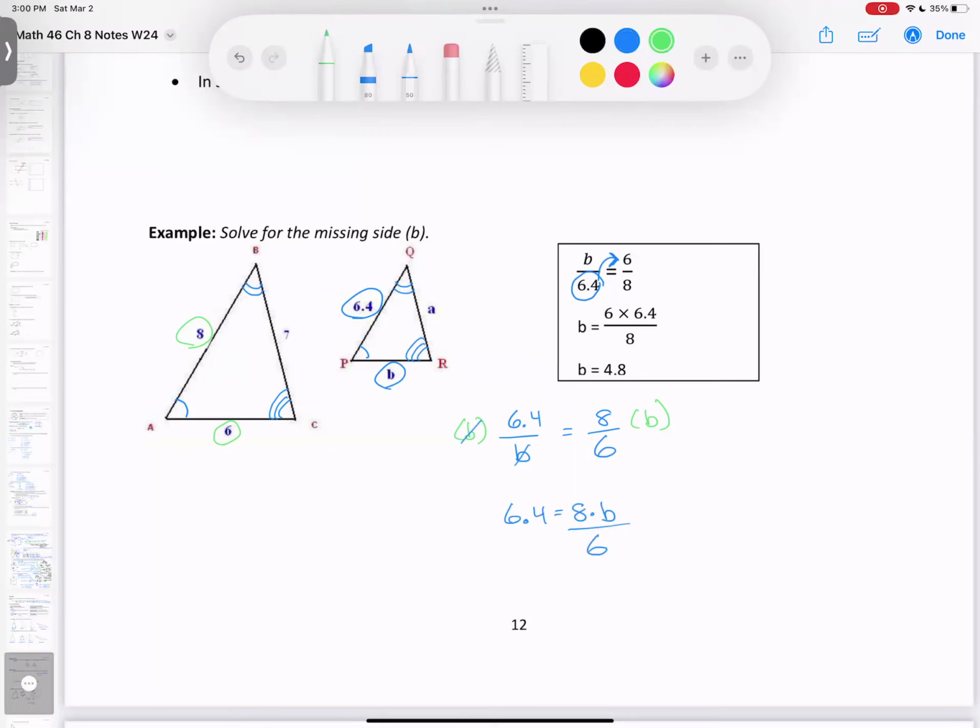Now we can multiply both sides by 6, and we get 6 times 6.4 equals 8 times B. Divide both sides by 8, and hey, look, we're back where we were up here. So we end up with the same answer of B is 4.8. So there are often several ways you can set up these ratios, and that is totally okay.